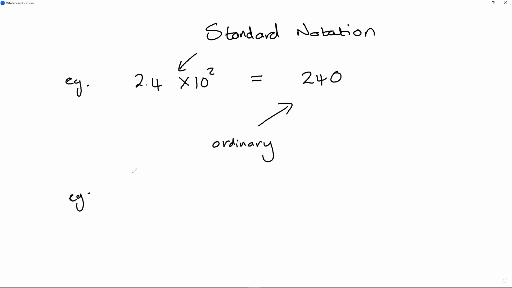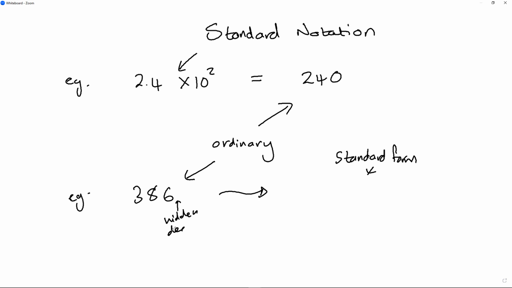So let's look at an example where I give you a number like 386, and I want to convert it from ordinary form into standard form. All right, standard notation or standard form. If I want to bring it into standard form, I got to move the decimal. Now remember, the decimal at the moment is hidden over here, right? If there's no decimal, we always remember there's a hidden decimal over there.